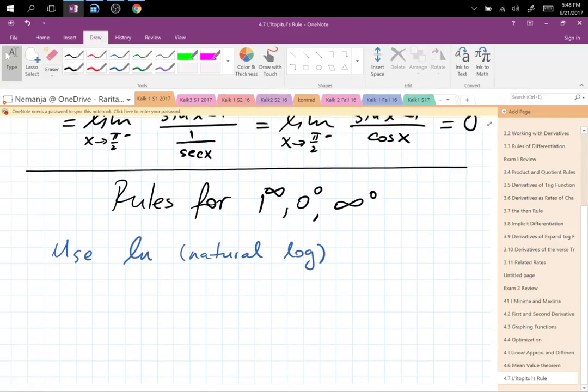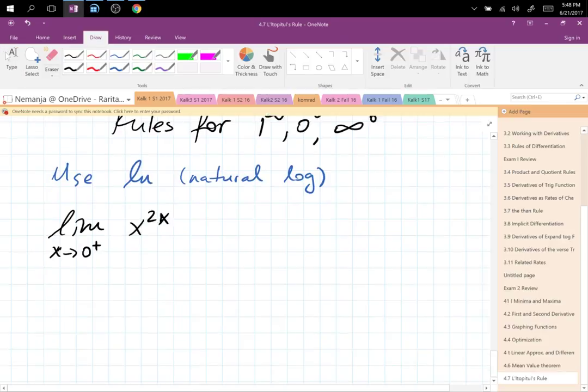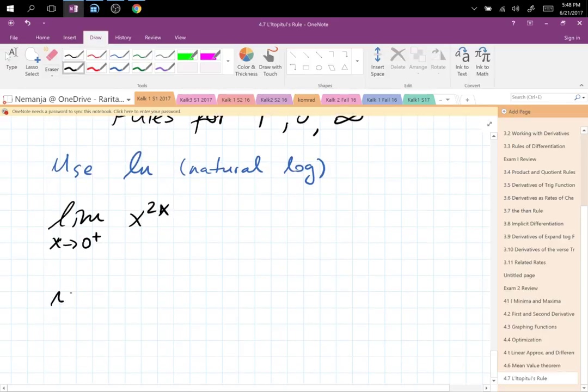Let's start with the most basic example. Limit of x raised to the 2x, as x approaches 0 plus. So what am I going to do here? I am going to set this equal to y, leave some space, and I need that space to ln both sides.